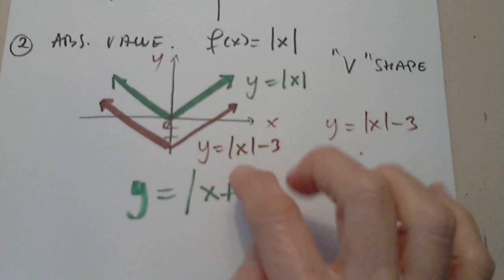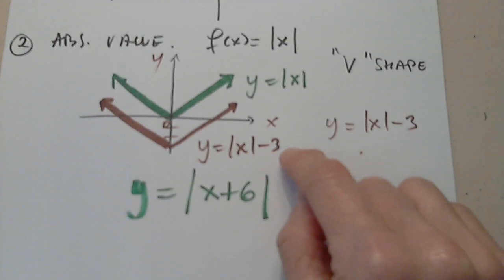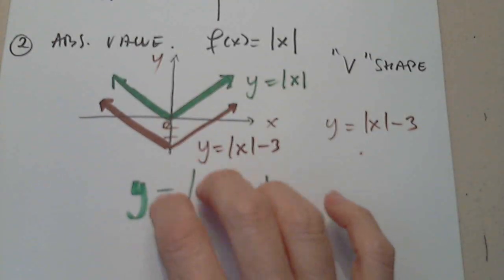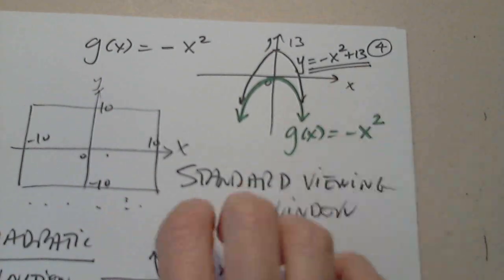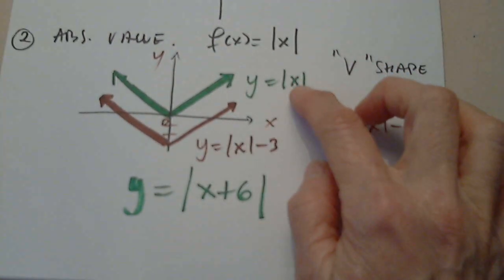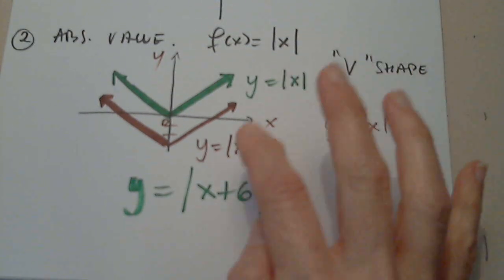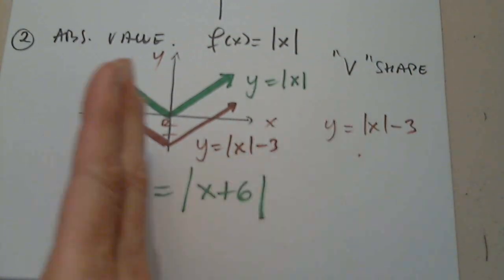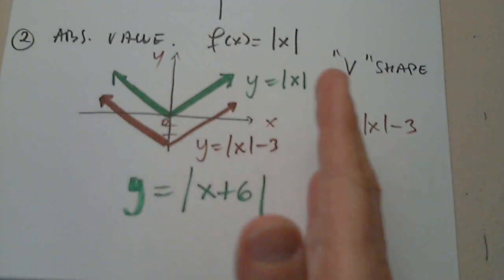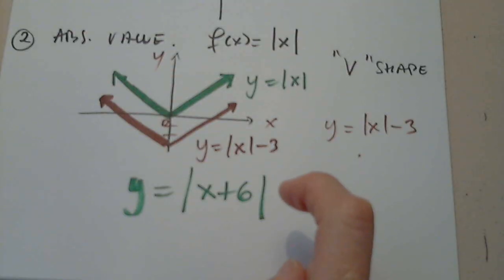Here, as you notice, the change is inside the absolute value. This was a downshift. This was an upshift. But when we change x into x plus 6 or x into x minus 2, the transformation is left and right, is no longer up and down.